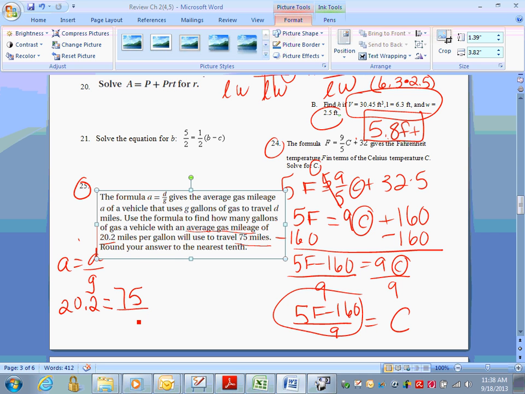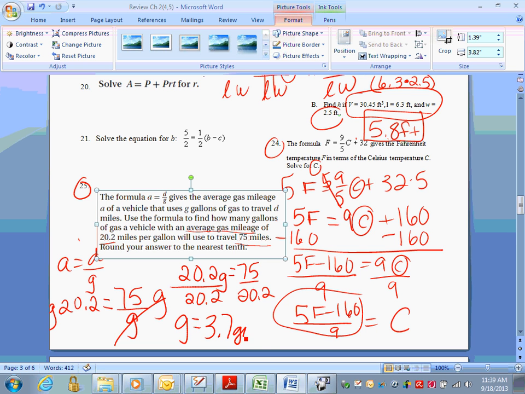And G stands for gallons, which is what I'm looking for. I'm going to multiply both sides by G. That gives me 20.2 G is equal to, these G's cancel, 75. Dividing both sides by 20.2, the number of gallons that I need is a decimal, 3.7 gallons.